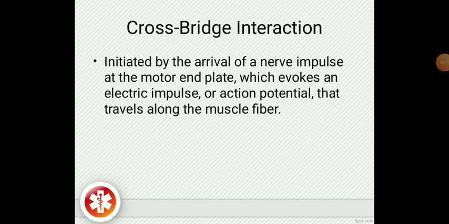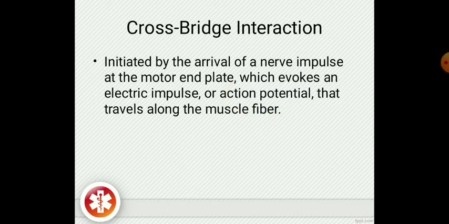When we decide to contract our muscles, the neural impulse travels from our brain to our muscle structures. Once the muscle structures receive the nerve impulse, they create an action potential. An action potential is nothing but an electrical change happening inside our muscle.